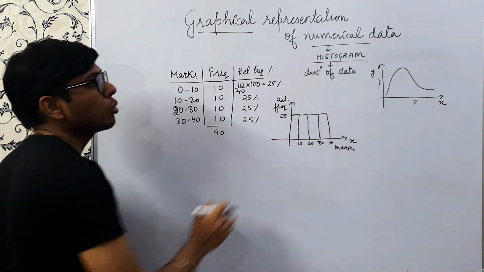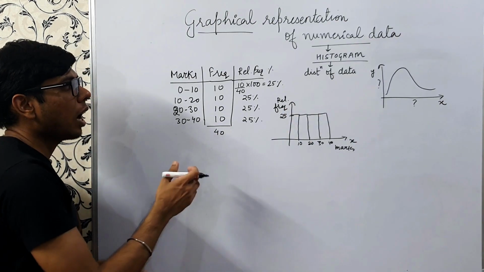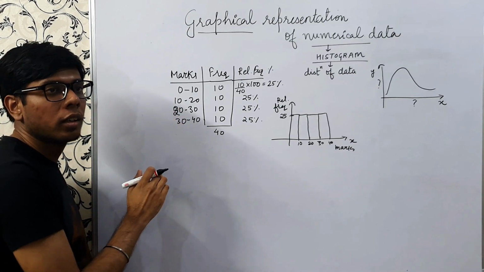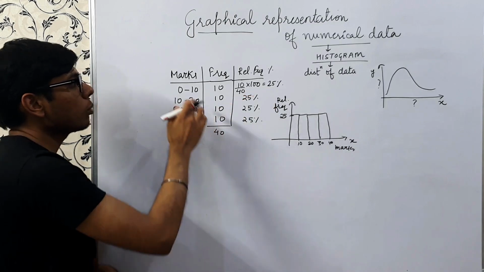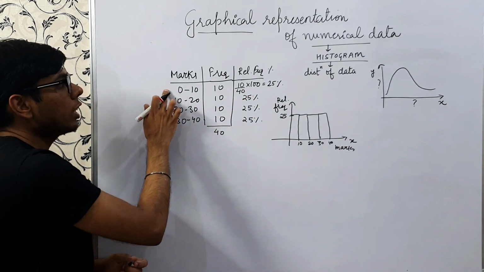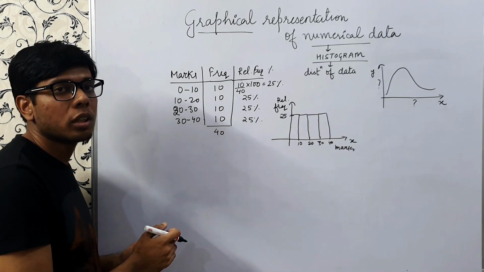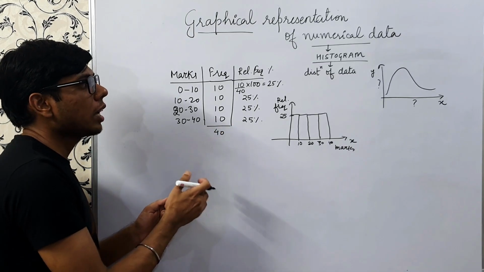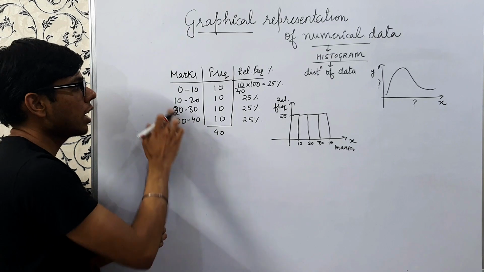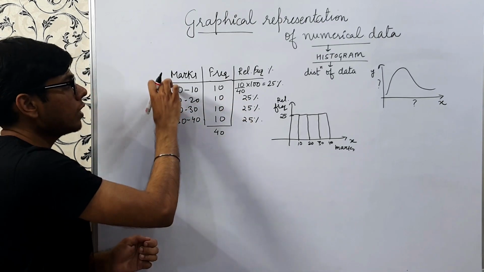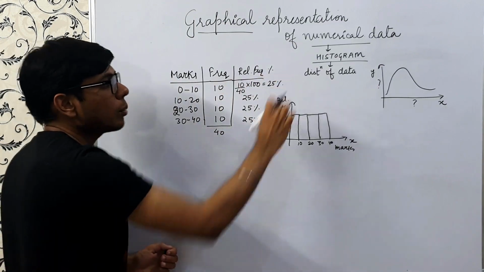What does the distribution of the data mean? It means how the data falls into each bin. 25% of the observations are falling into 0 to 10 marks. This is one aspect of the distribution, how the data is distributed in different bins. In 10 to 20 it is also 25%. If we see 0 to 20, there are 50% of the observations.